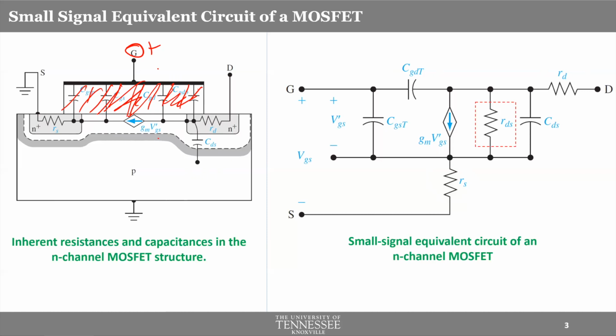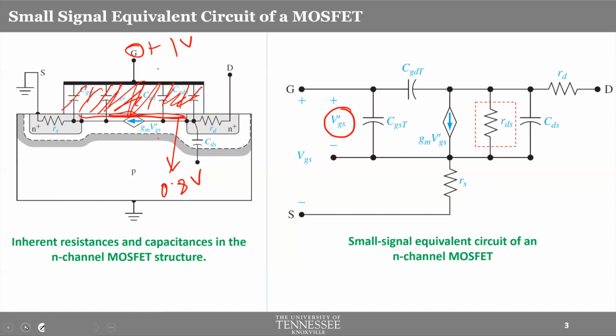So in summary, if you apply 1 volt to the external gate contact, you will not really get 1 volt appearing at the channel. You'll get maybe say 0.8 volt or something. Some reduced amount of voltage will appear at the semiconductor surface. And this VGS dash is the effective voltage that we see at the internal gate.